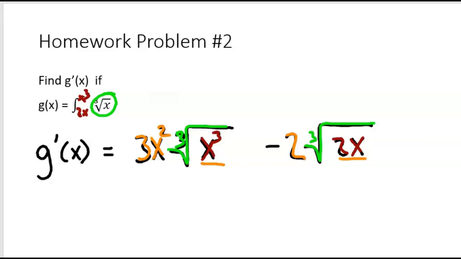So let's not forget, though, even though we're using a shortcut and a formula, formulas are really hard to remember. But it's not hard to remember if you understand where they come from. It helps you a little bit be able to figure them out. So just to remember, how does this formula happen? Well, we're integrating a function, but then we're going to take the derivative of it. And those two things cancel each other out.